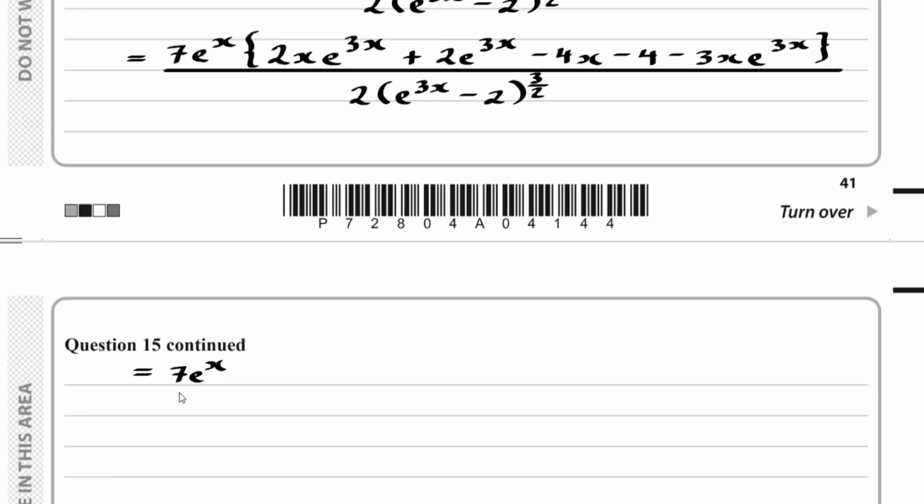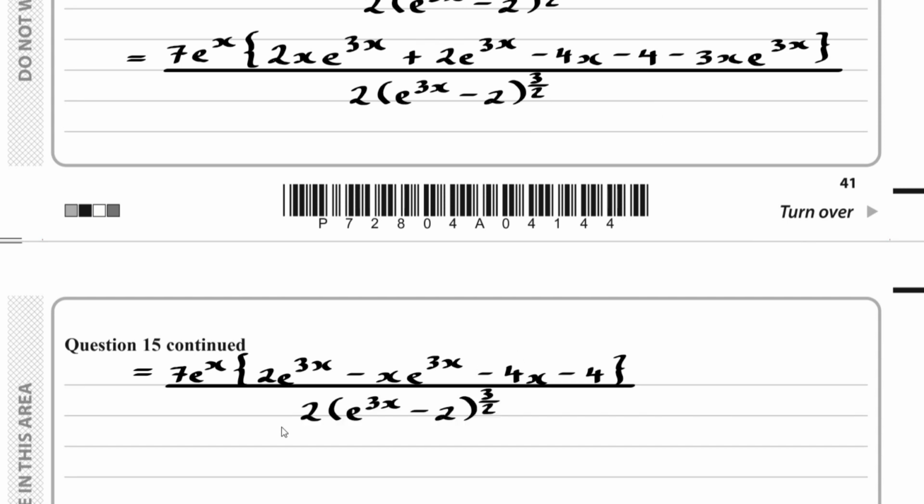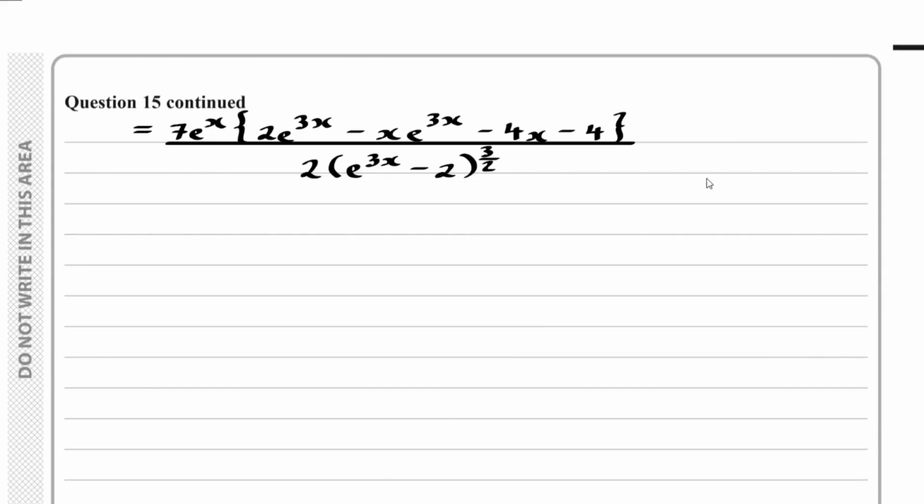So I've got the 7e^x, and then inside this bracket I've got 2e^(3x) - x e^(3x), because I've got 2x e^(3x) - 3x e^(3x), which is negative x e^(3x). And then I've got this negative 4x, and then this negative 4. And then divide this by 2 multiplied by (e^(3x) - 2) to the 3/2.